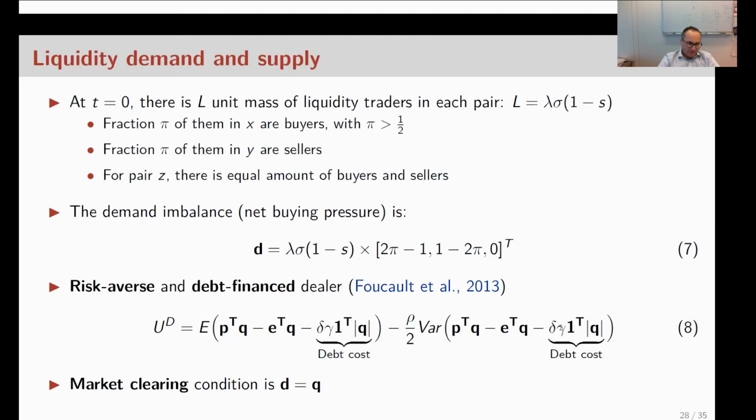And so this debt financing cost is given by the delta parameter, whereas gamma here measures dealer leverage. And then there is a disutility that comes from expanding the balance sheet, which is essentially captured through this variance term multiplied by the risk aversion coefficient over 2.